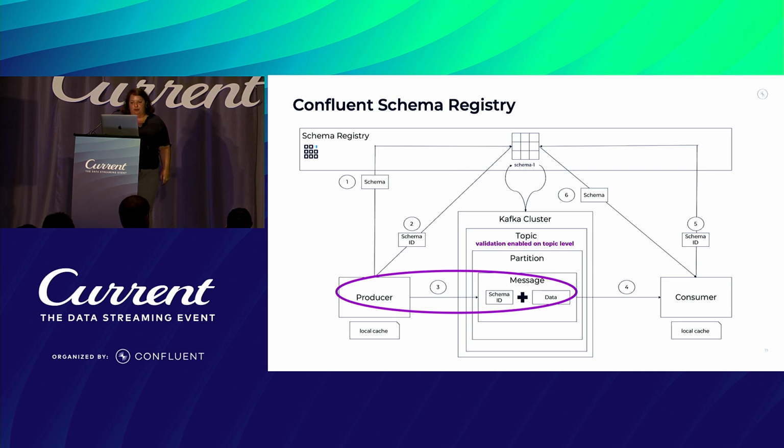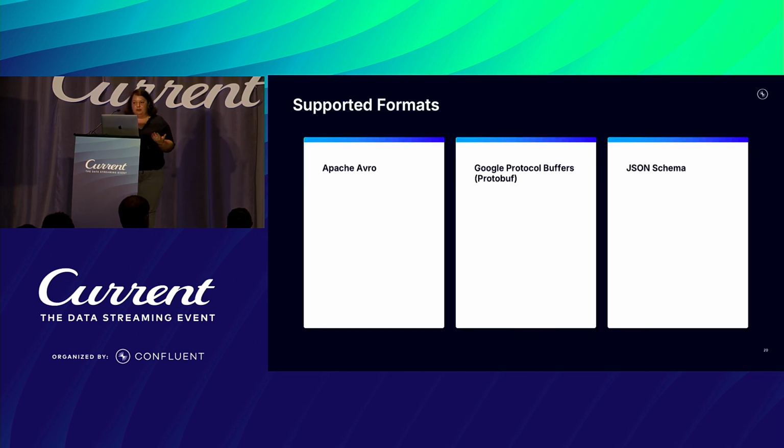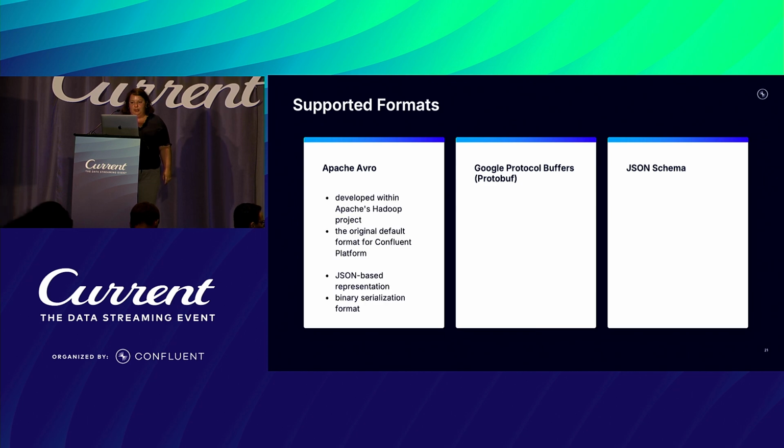Let's see what the supported formats are. Confluent Schema Registry supports three formats: Avro, Protobuf, and JSON. The support for these formats is not only in Schema Registry, but throughout the entire platform. And it's also possible to extend Schema Registry with custom schema formats as schema plugins, but we're looking here at how to standardize, so that will not be part of this presentation.